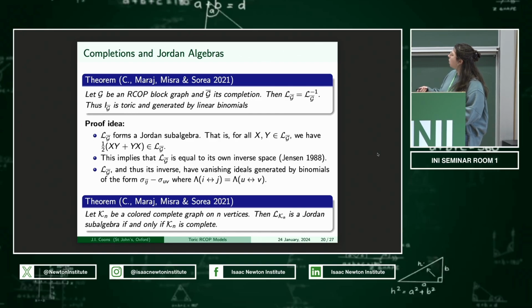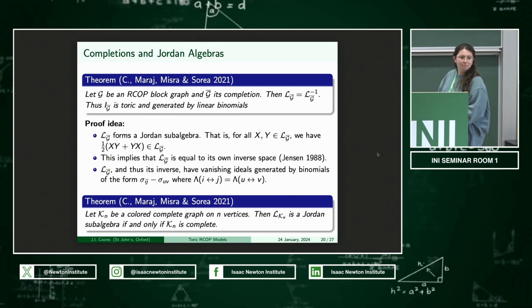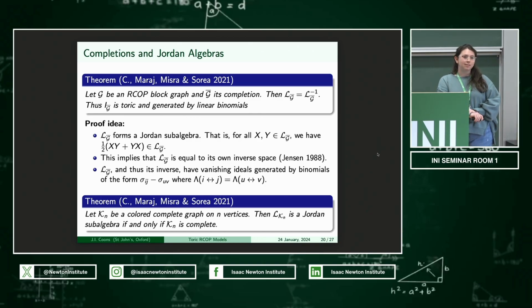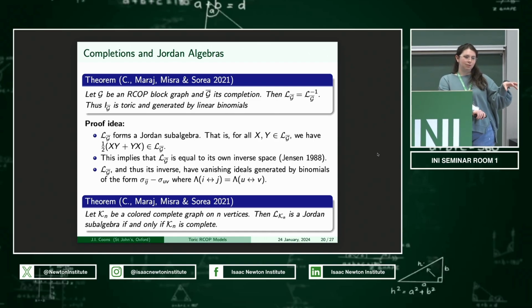Oh, sorry, RCOP. That is not the word that's supposed to be there. I just blanked. Sorry. If and only if it's RCOP. The completion is always complete and RCOP. So by taking the same subgroup that you use to get the color classes, but as a subgroup of SN for the complete graph.